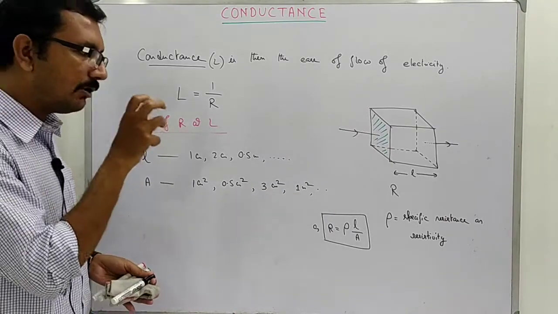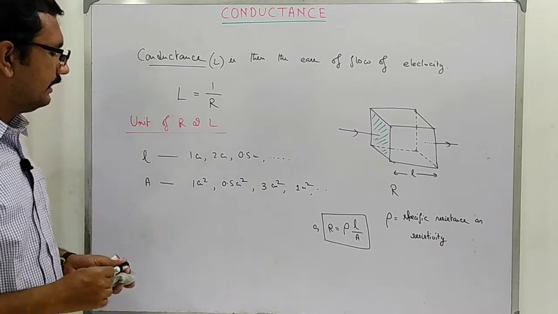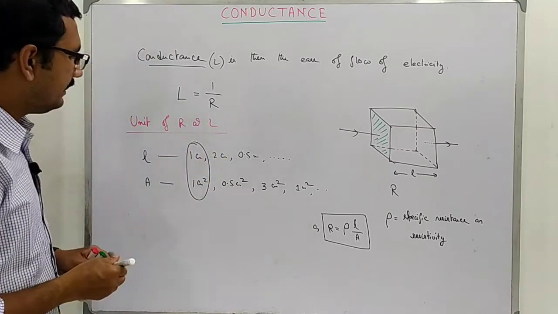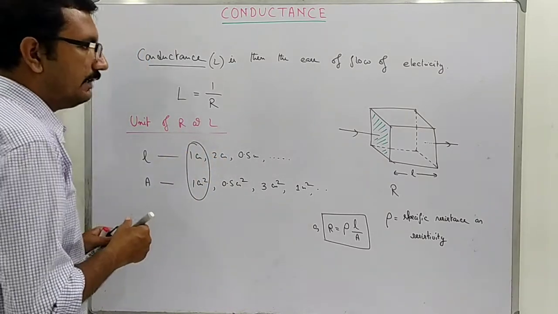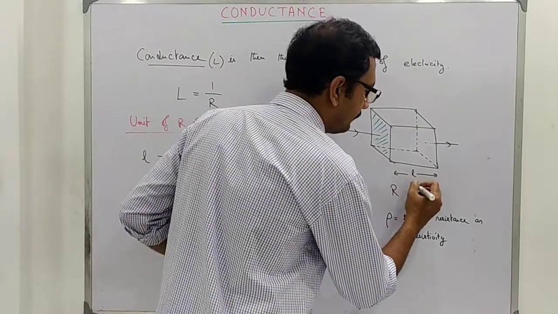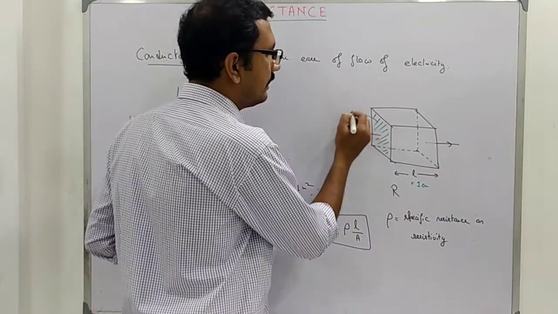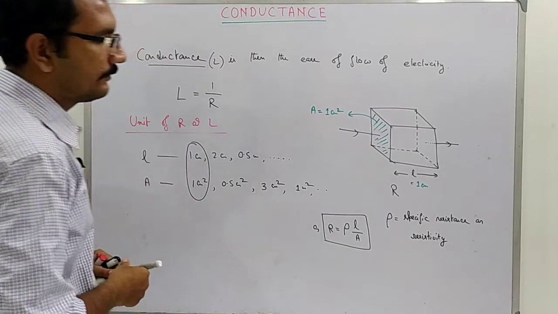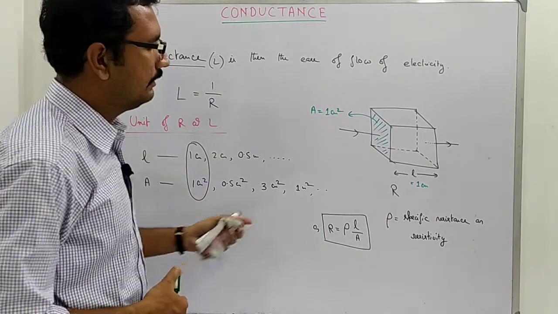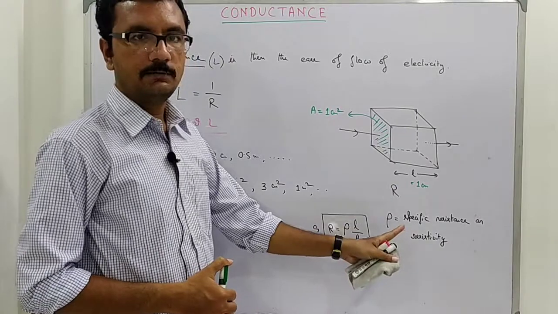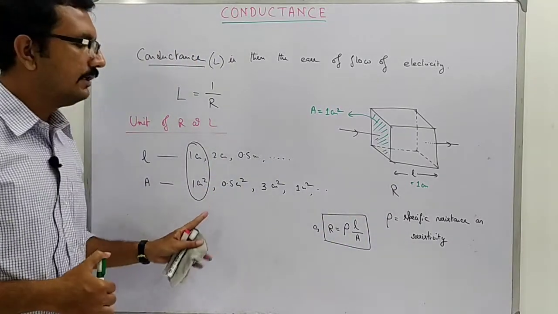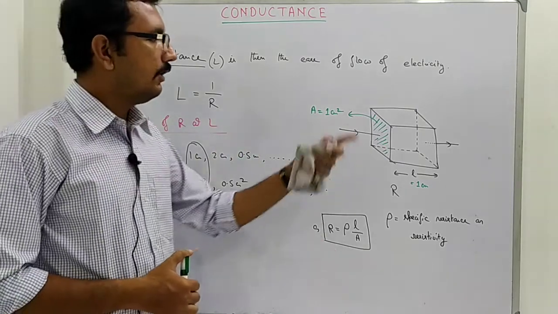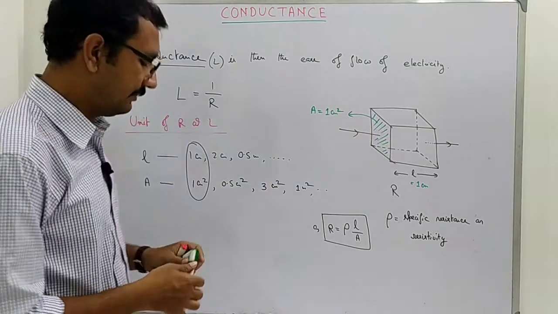Now, for a particular combination of the length and cross section, that is when the length is 1 centimeter and the cross sectional area is 1 square centimeter, that is for a unit cube conductor, the amount of resistance that will be offered by that conductor is the resistivity of that species of that conductor.